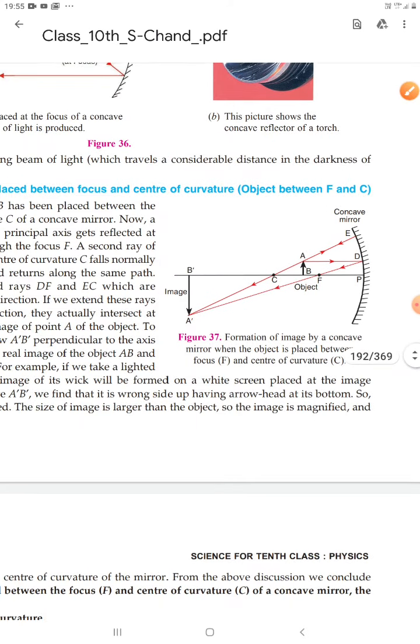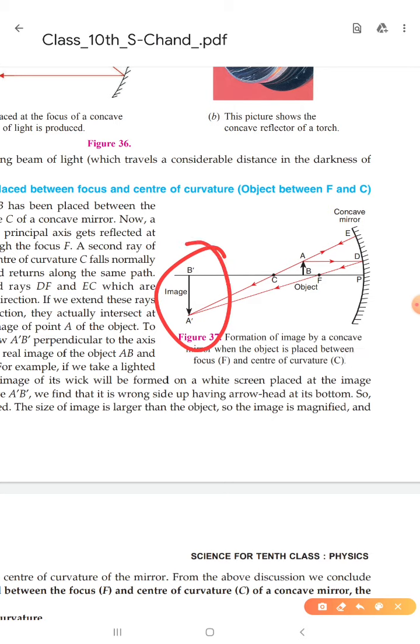So this is the image in this case. You can see this image is real and inverted. Second thing, it is an enlarged, highly magnified image compared to the object. So like that we draw all the images by a concave mirror. Thank you very much.